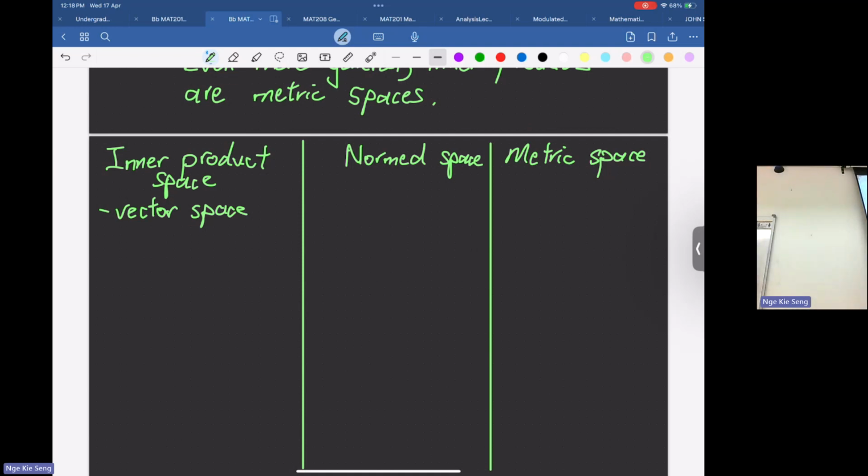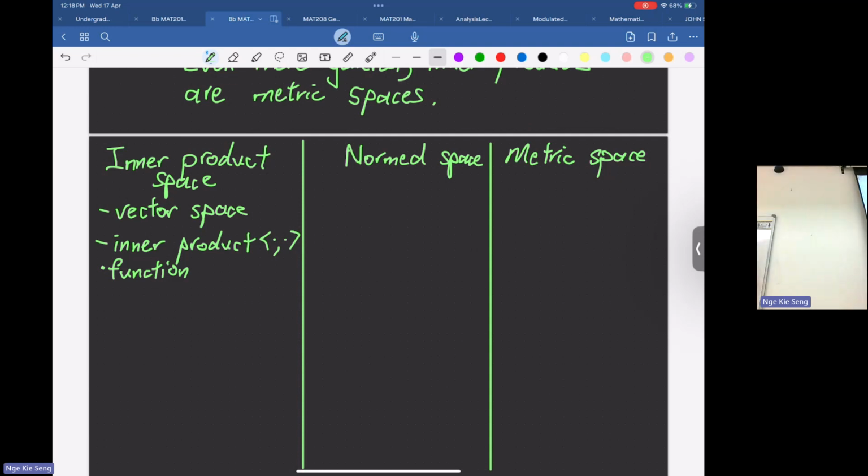Inner product means there is an inner product on this space. What is an inner product here? It's actually a map, another function. Normally we write this function as an angle bracket, dot comma dot, taking two elements from my inner product space.